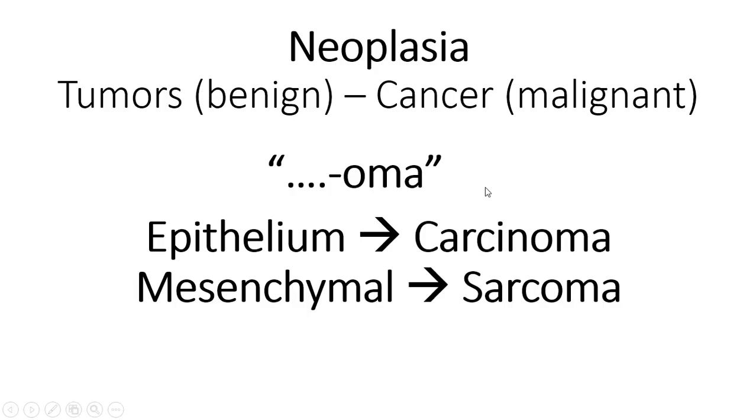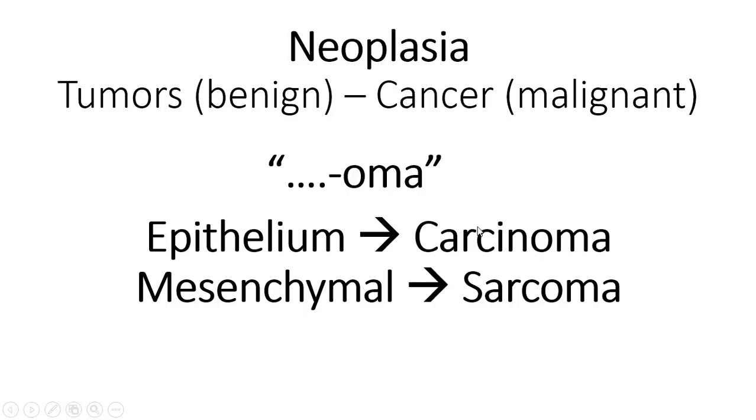So benign tumor and malignant, okay, usually it will be added at the end by the suffix oma. Here, if the neoplasia originated from the epithelium, there will be what we call carcinoma. So carcinoma means cancer that is related with epithelial cells.